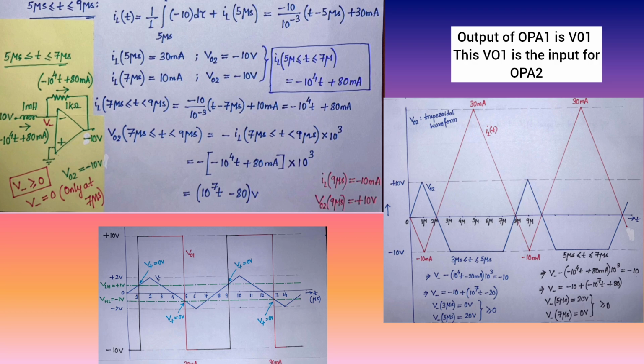Because there is negative feedback through that resistor, and it is an ideal op amp, the ideal op amp will allow the inverting terminal again to be at 0 voltage. I hope this is clear.